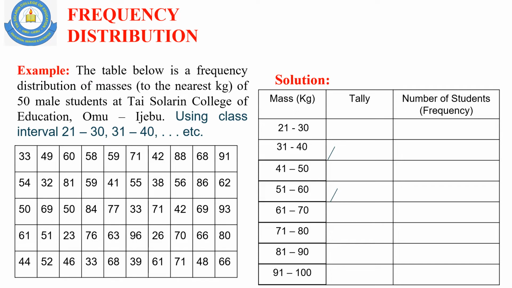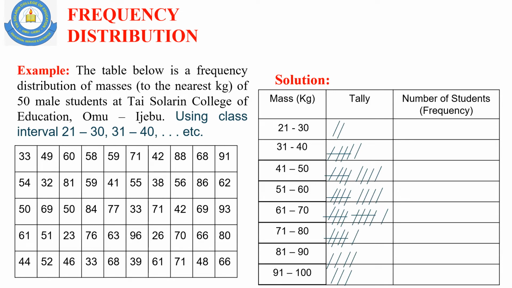Then 50 falls between 41 to 50. 61 falls between 61 to 70, while 44 falls between 41 to 50. So you can pause the video to complete the tally group. If you do that, you have something like this.